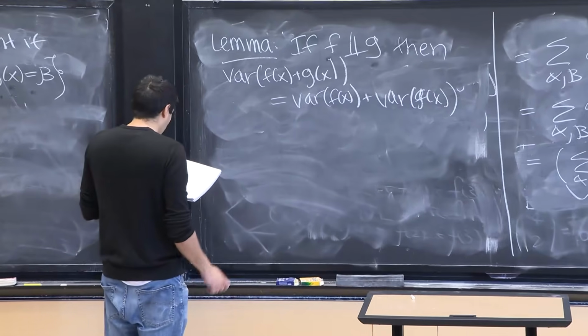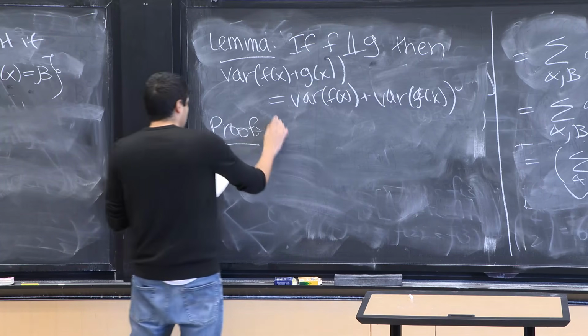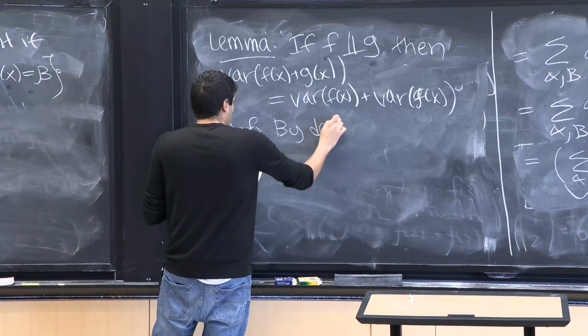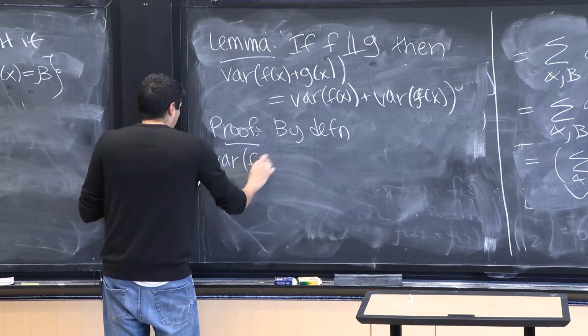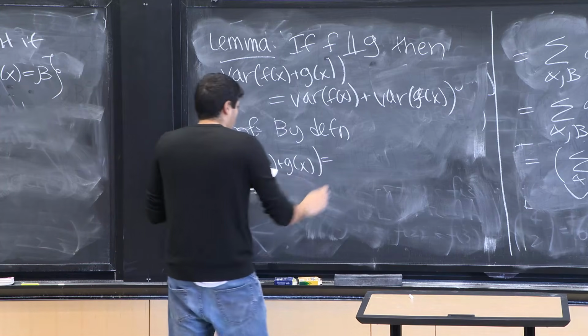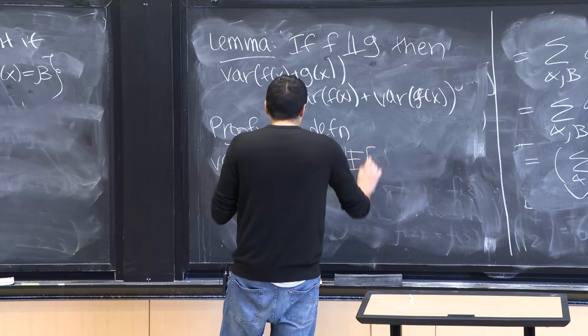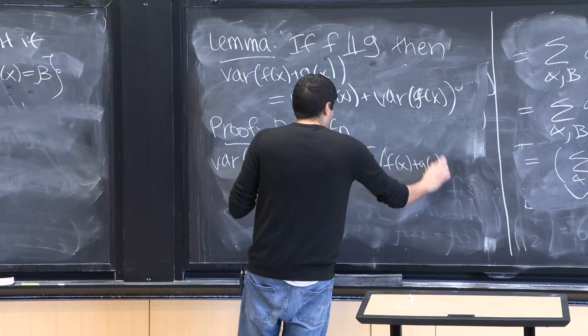So you can prove this. Let's just do a quick proof, and then I'll tell you about some cool applications. So by definition, the variance of f of x plus g of x, we can write it out from our first definition. We add up f of x plus g of x.